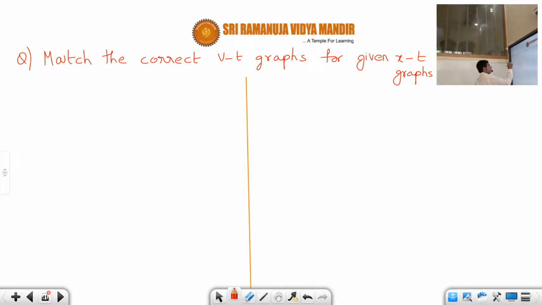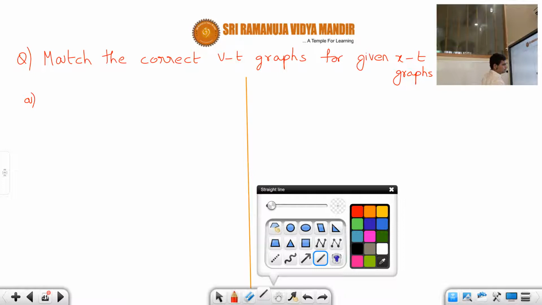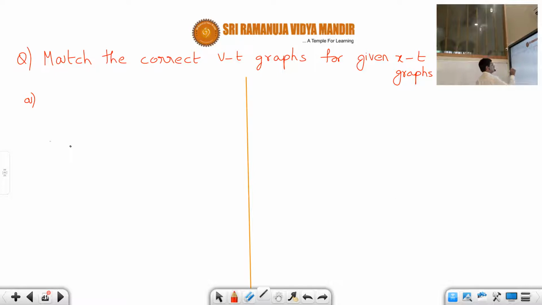Let us see. The first one, let us say A. Let us say the first xt graph is this one. This is x, this is t, and the xt graph is like this.